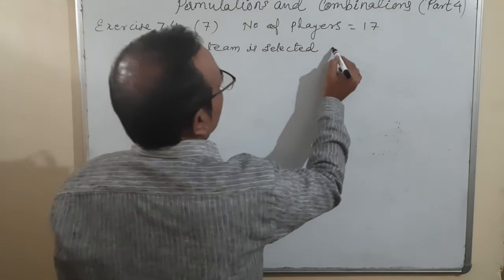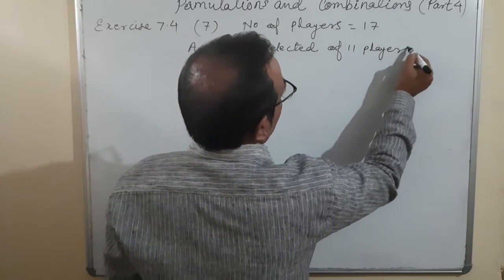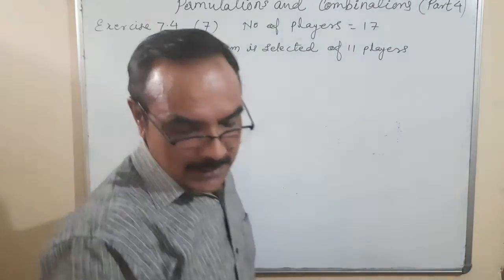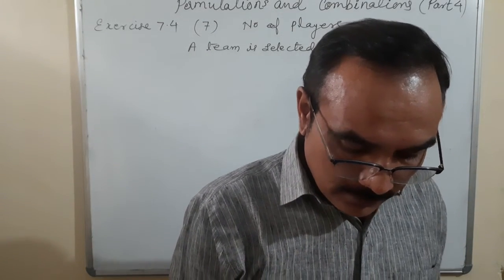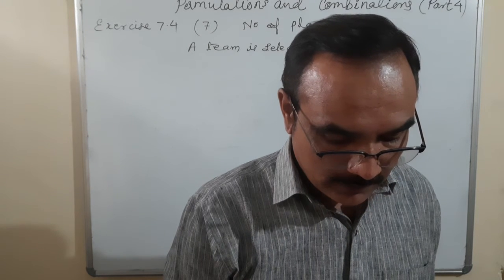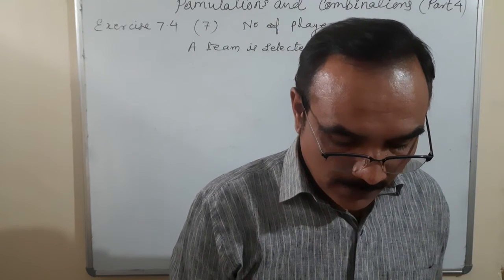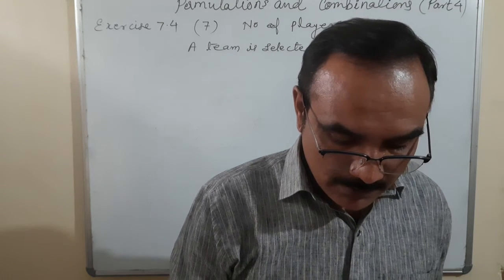A team is selected of 11 players, in which only 5 players can bowl. And in each cricket team of 11, exactly 4 bowlers must be included.